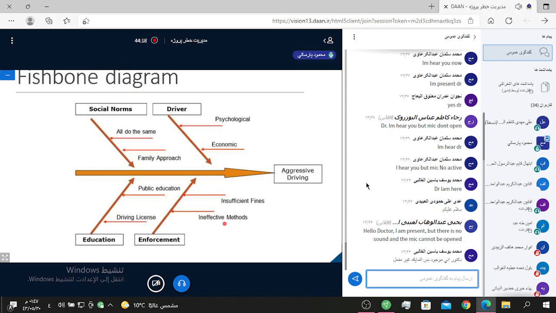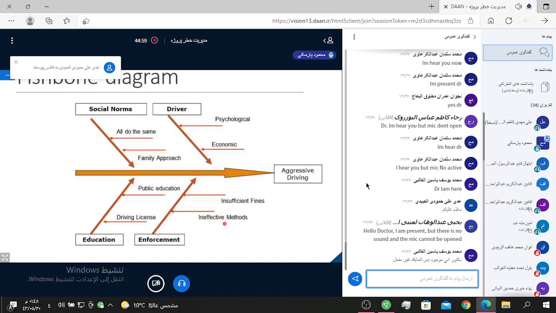About the driver, there are some items like psychological characteristics of any driver, and after that economic. And about education, a group of causes in this example. About education, there are some items such as the driving license, and after that public education.